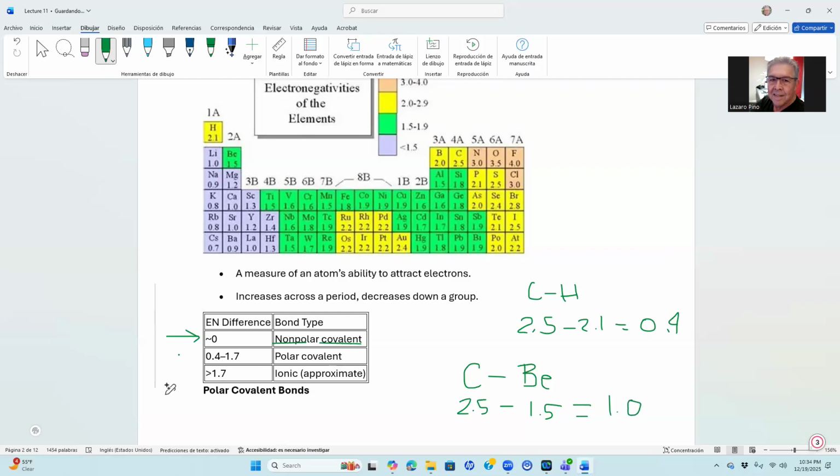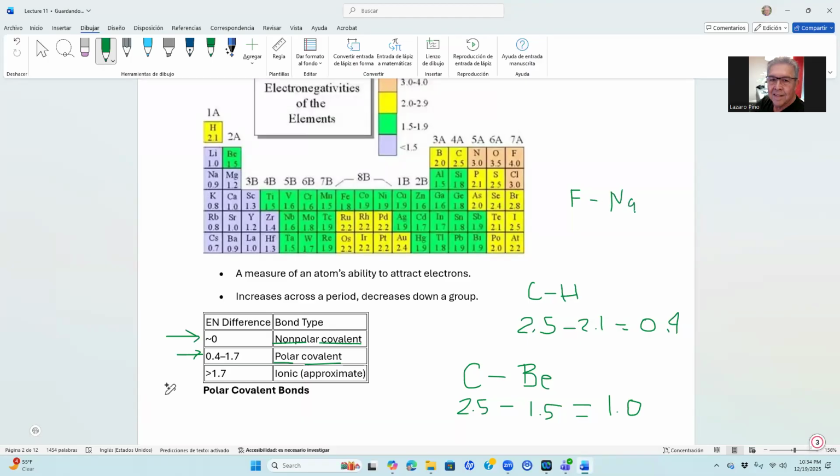So this bond is polar covalent. And now let's see the difference between fluorine and sodium.